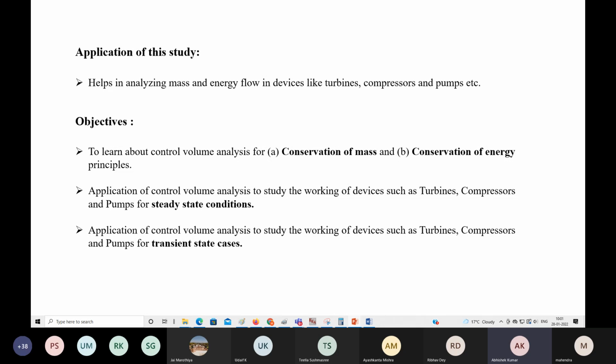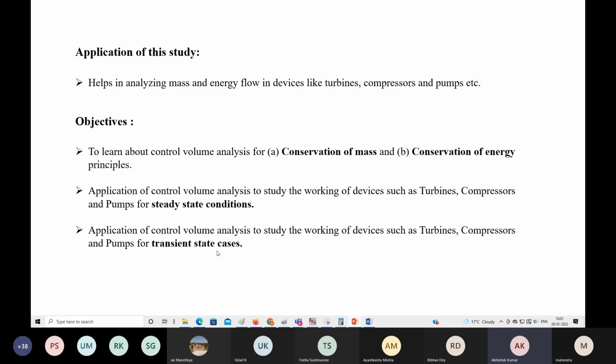This is a continuous process. Once you assume that the power plant or gas turbine engine is operating for constant thermal input, constant thermal input means constant heat supply, at that time the mass will not be changing within the control volume.